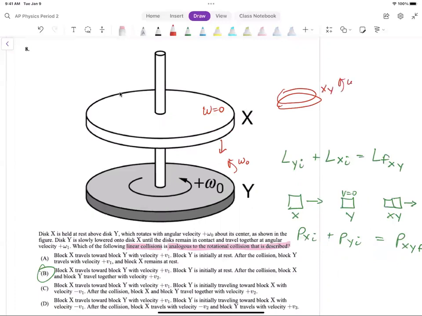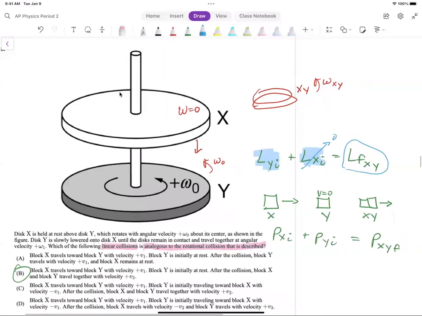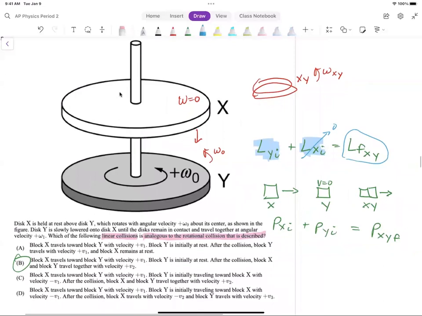And guess what? It will have an angular velocity that's smaller. Okay. And why is that? Because the initial angular momentum of Y plus the initial angular momentum of X, which happens to be 0, will equal the final angular momentum of the object XY.